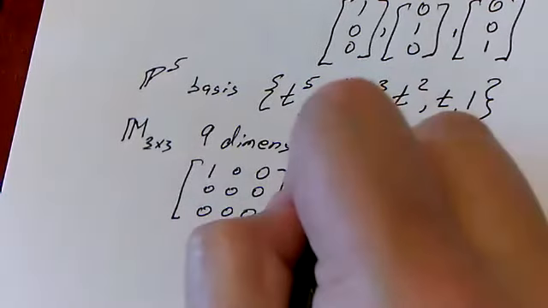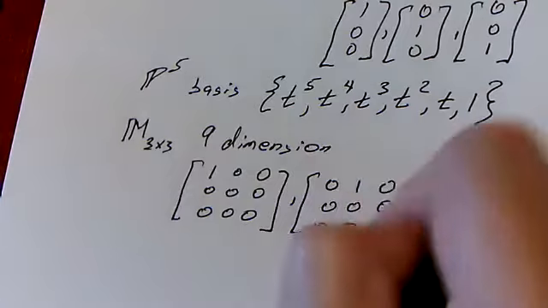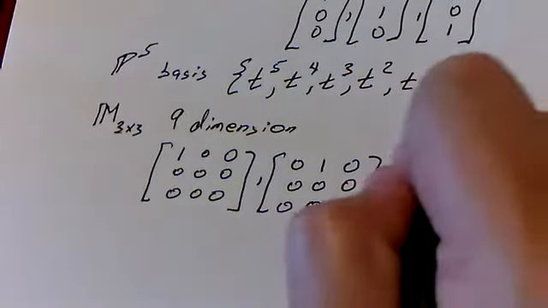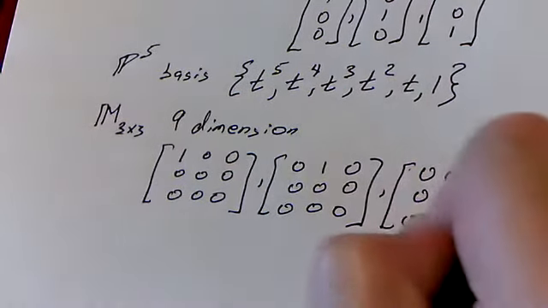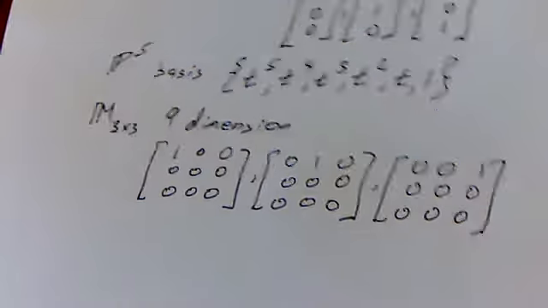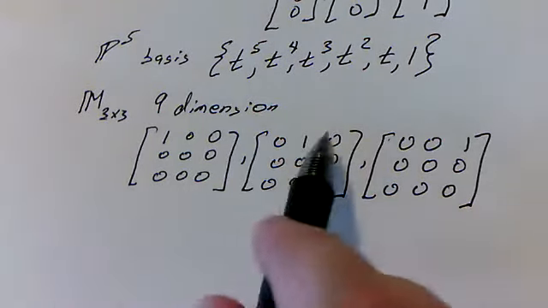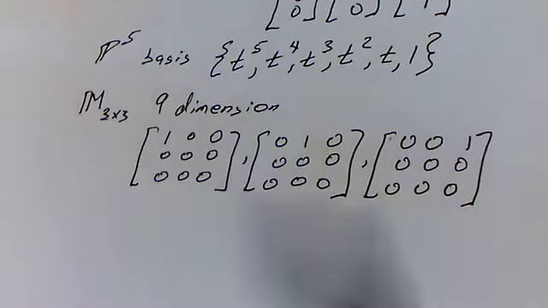Okay, then you would have another one where you had 1 in the upper center. They should all be 3 by 3 matrices. And this would continue indefinitely, right? I could do the whole top row here, and then we'll just say it continues indefinitely. I'm not going to write out 9 3 by 3 matrices here, but you could have 9 3 by 3 matrices with a 1 in each position to get your standard basis for a matrix space.